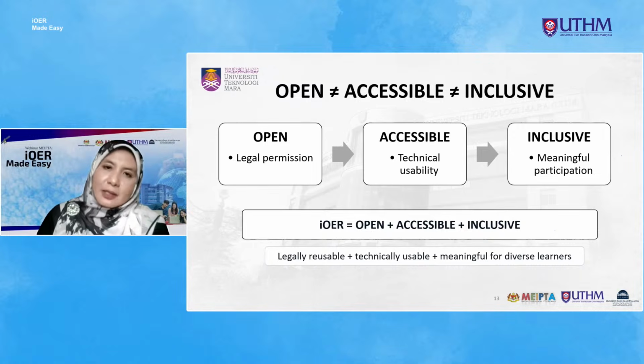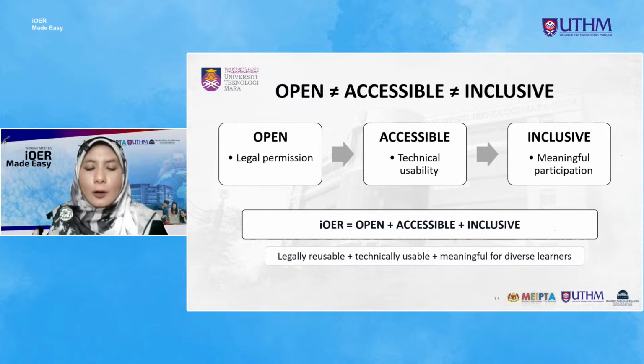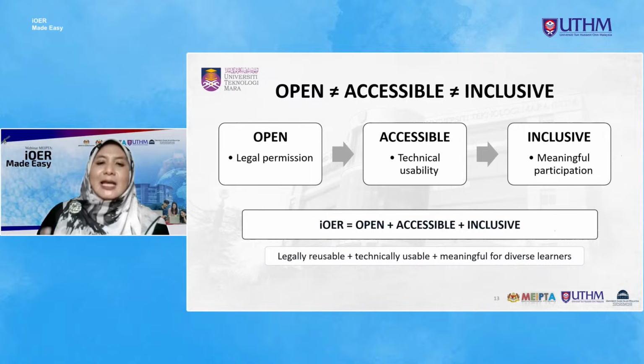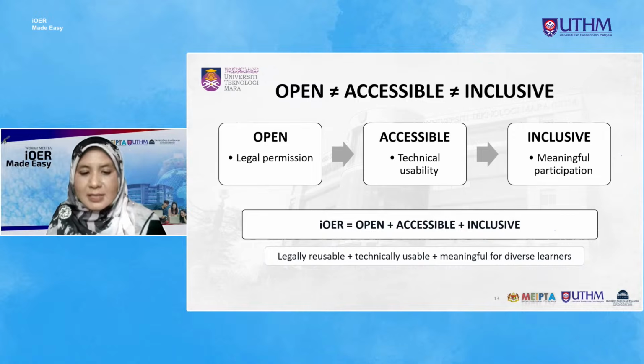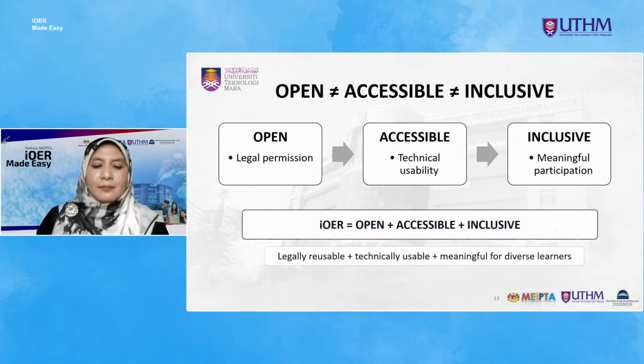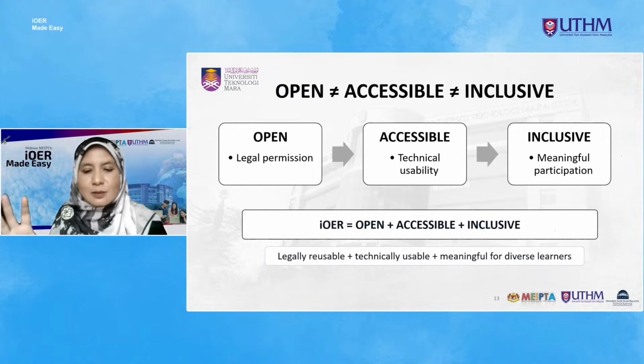So here we can say that iOER is not just open, but it combines openness, accessibility, and also inclusivity. For example, a resource may be open because it uses a CC license, dah ada license semua.